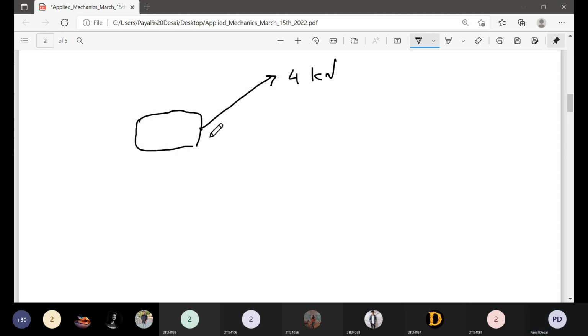I'll just draw one diagram where, okay, so again there is a car, and how this example is different than the above example, that you should be able to figure it out. So this is 4 kilonewton is given. This car is being pulled by 2 ropes, kilonewton.